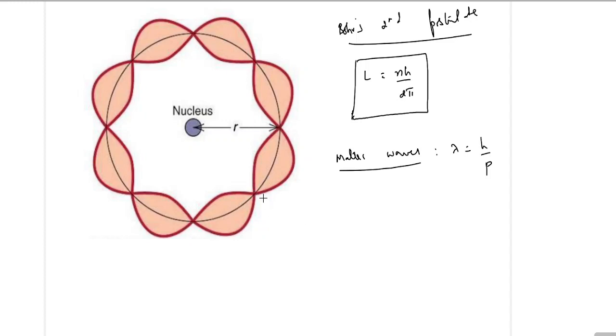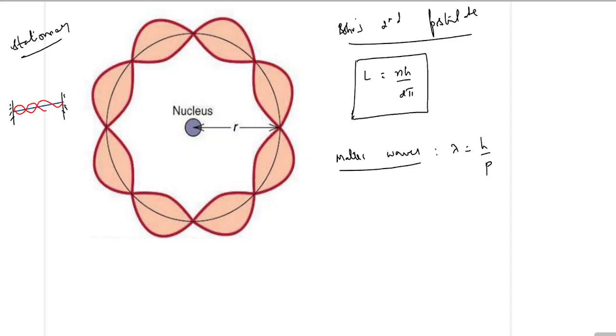So if the electron is to exist in this orbit, the electron should be in the form of a stationary wave. For example, think of a string in a guitar, and imagine that we pluck somewhere, we make a disturbance here. In this case, in the string we'll get waves like this.